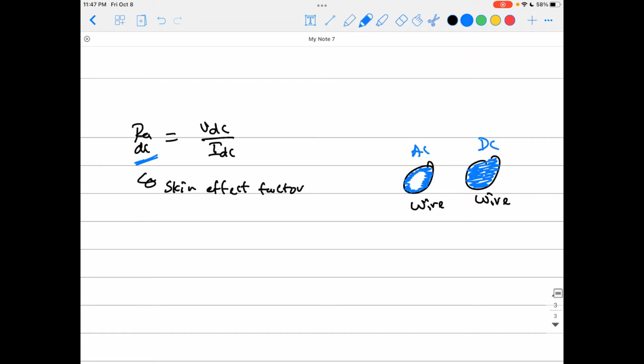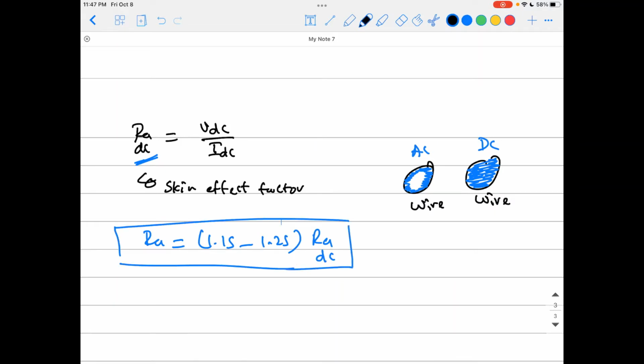So we correct this by just applying a factor that comes from the experience of the designers. So RA will equal a skin effect factor, which is just from 1.15 to 1.25, something like that, multiplied by the DC value, like this. So this is RA,DC that you get from the DC test, and this is what we call the skin effect factor.